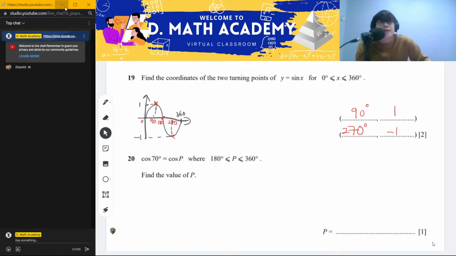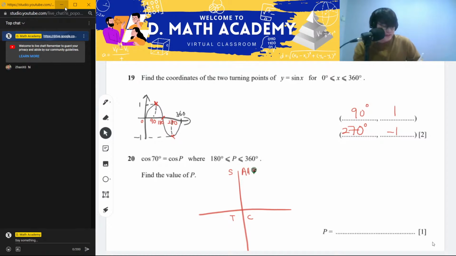The next thing is cosine 70 equals cosine p. This will play around with your quadrant concept. You need to know your first quadrant, your A, S, T, C. To remember this, all these initials actually have their own meaning. A means all of sine, cosine and tangent are positive.